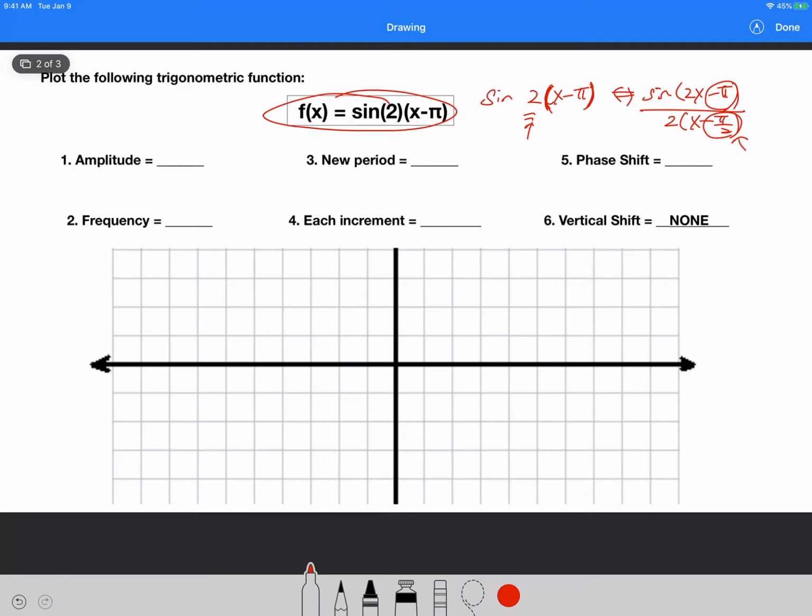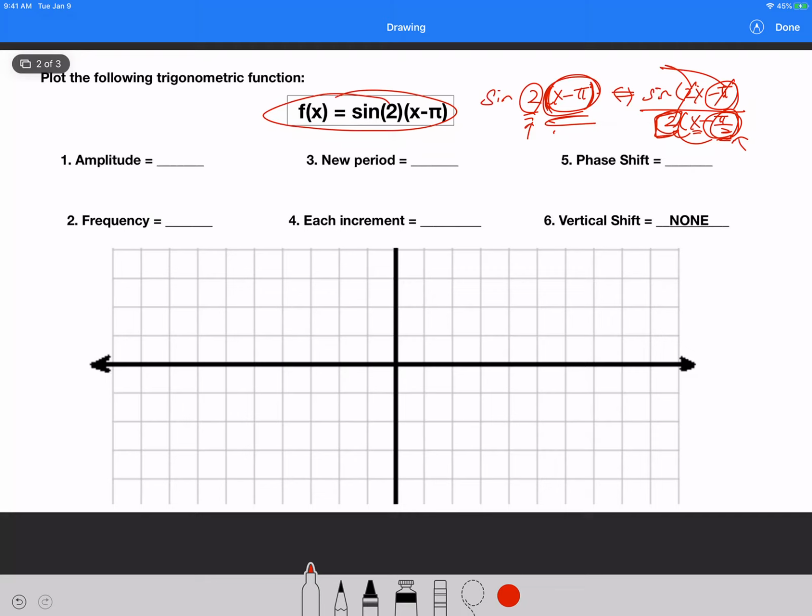Well, if you take out the 2 from here and here, that means I have to divide this by 2 and I have to divide this by 2, which makes it x minus pi over 2. That value, the 2 in the front, will make the frequency value, and that will change your new period. But your phase shift always has to be independent in one parentheses like this, outside from the b value.